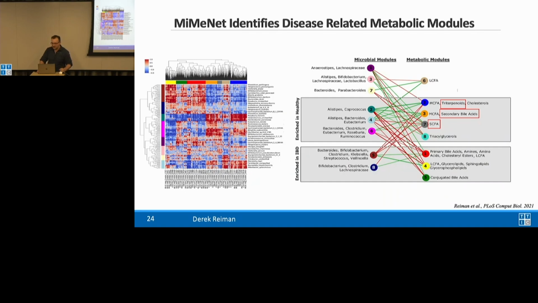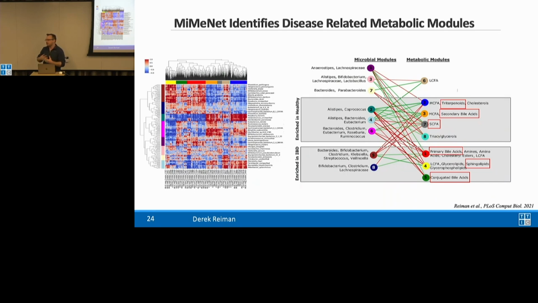as well as identify things that are commonly known in the literature with IBD, such as short-chain fatty acids being associated with health, generally in all diseases related to the gut microbiome, as well as things like secondary bile acids being associated with healthy patients. This is really informative because we know an IBD patient loses the ability to deconjugate conjugated bile acids.